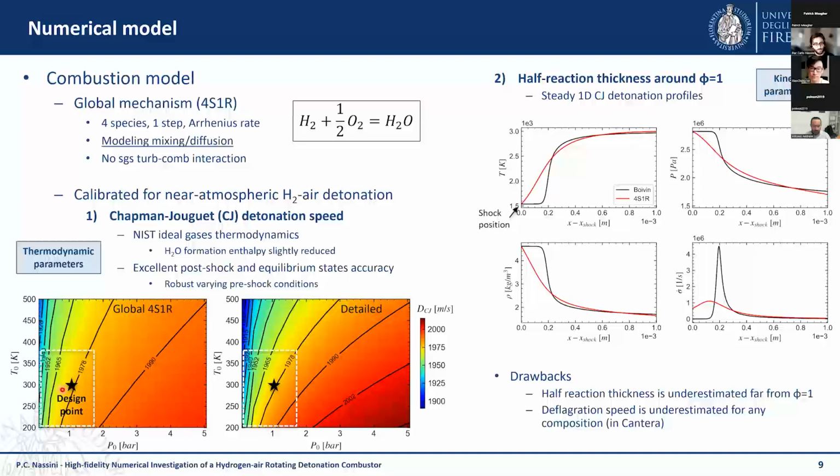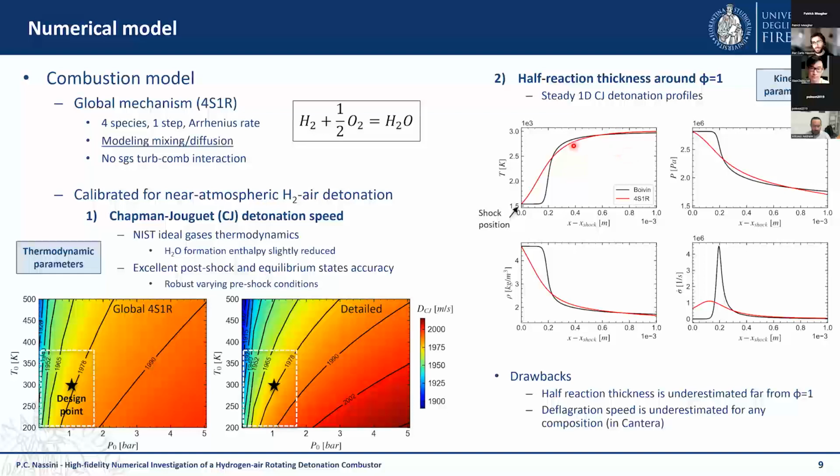You can see that even if we move away from the design point, which is stoichiometric, 300 Kelvin, 1 bar, and we stay between 1.5 bar and 350 Kelvin, which is more or less the range of conditions we expect in the refill region inside the combustor, the CJ speed is well captured by our combustion model.